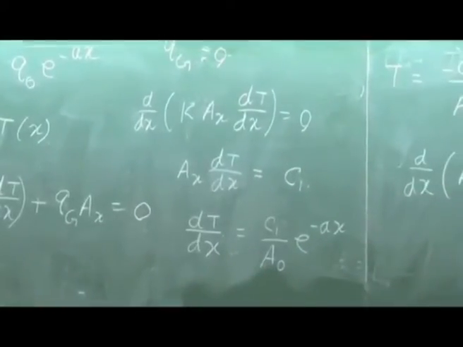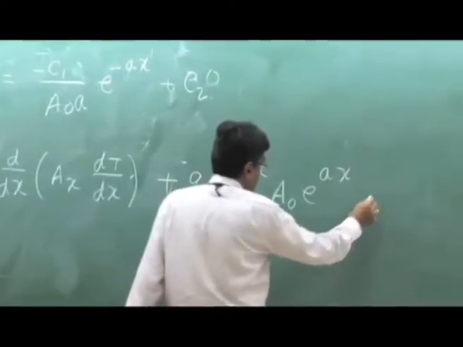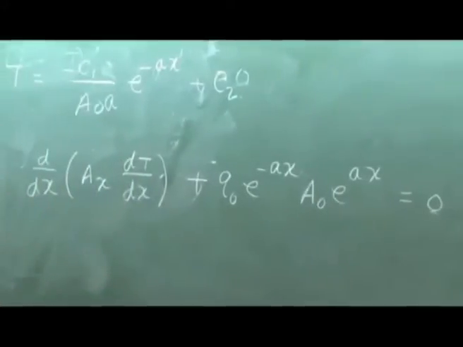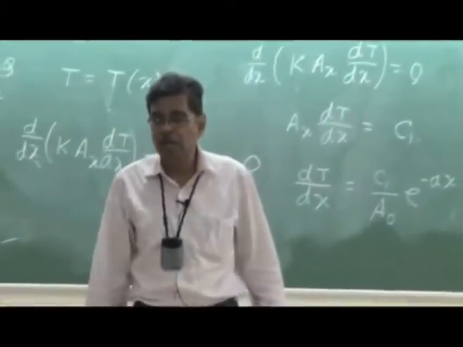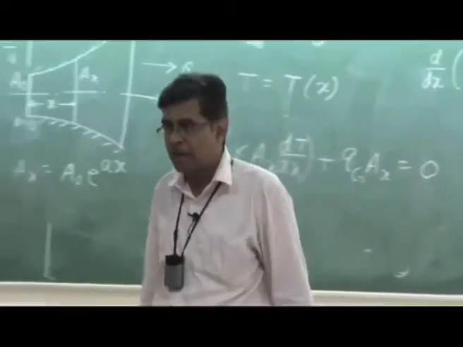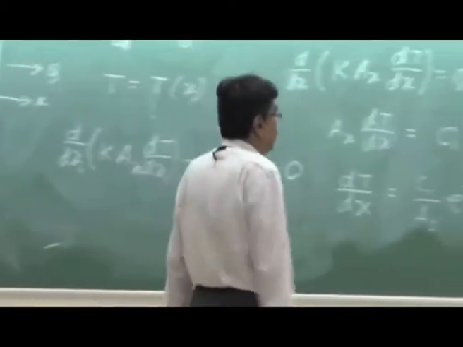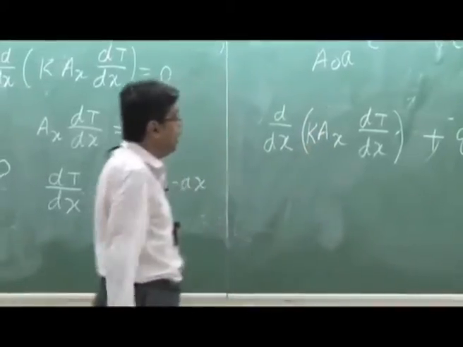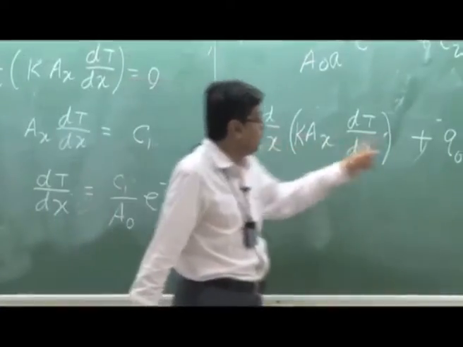Ax is A0 e to the power Ax. Q0 e to the power minus Ax is the Qg and Ax is A0 e to the power Ax. Okay? Qg over K, sorry, K will be there. If K is constant, then K will come out and go here.